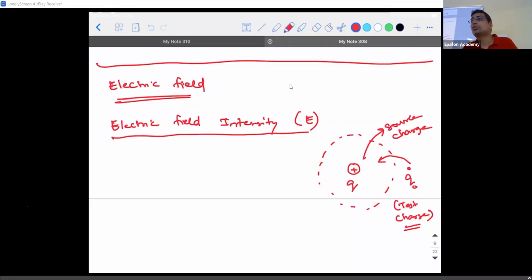Test charge is always positive. Please make a note of it. When the test charge is brought into the influence of the electric field due to the source charge, it will start experiencing a force of how much value? 1 by 4 pi epsilon naught, q into q naught, something like that.